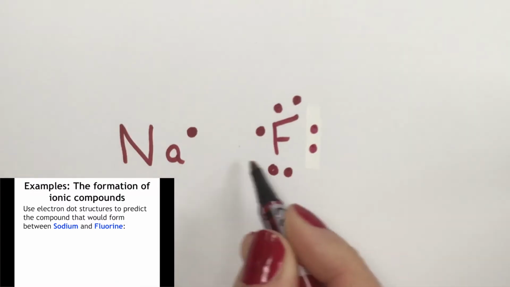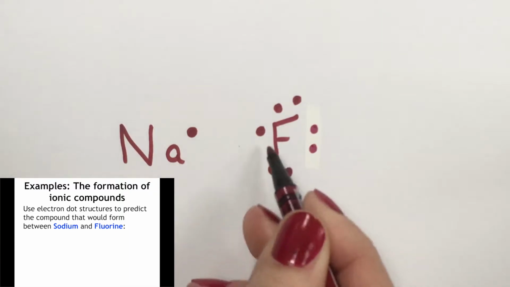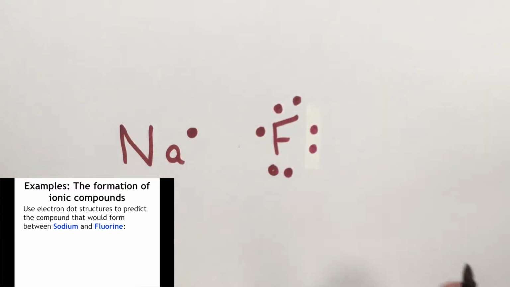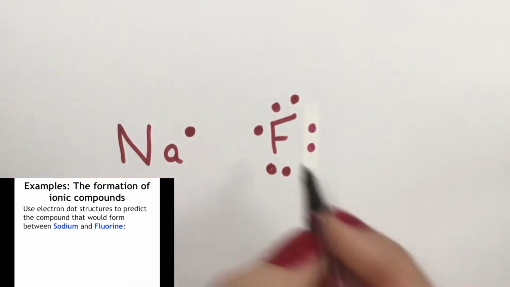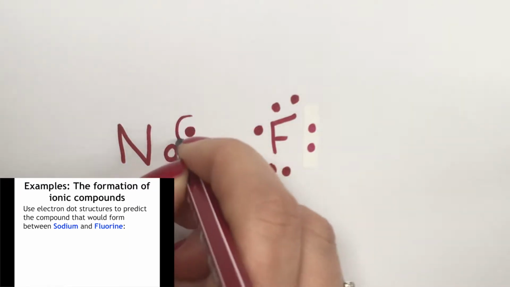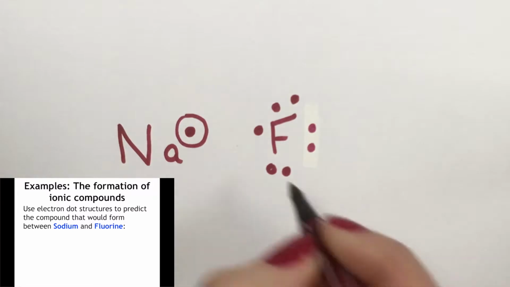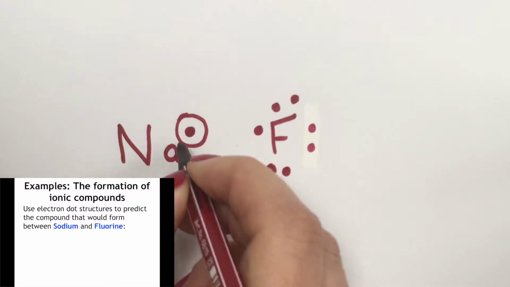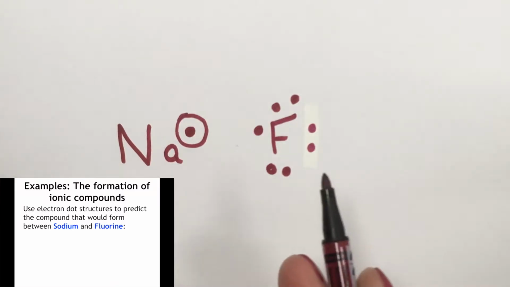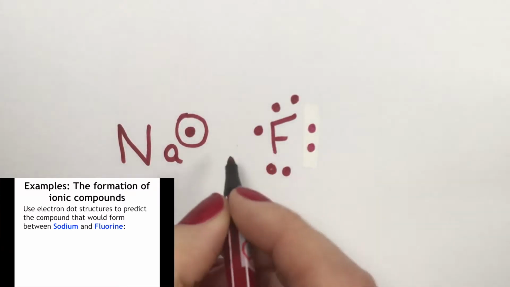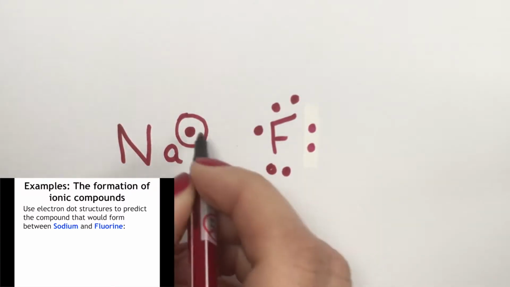So I like to leave the opening close to where we're going to be drawing our arrows. What you're going to do for ionic bonding to show where the electrons are moving is you're going to circle the electron you're going to move. So remember, ionic bonding is transferring of electrons, not sharing. So there is no line, there is no bonding here.